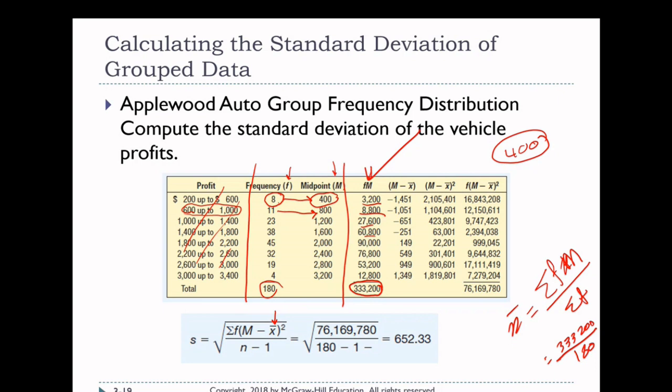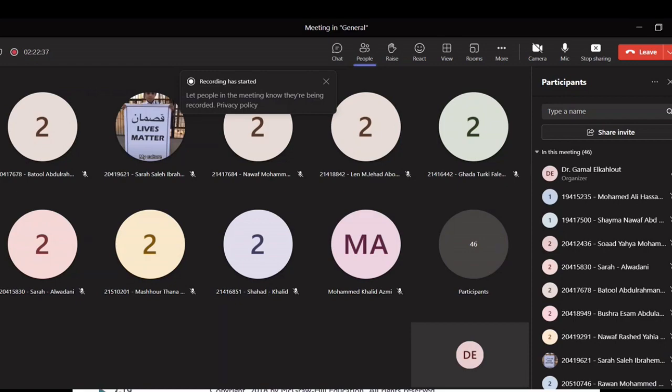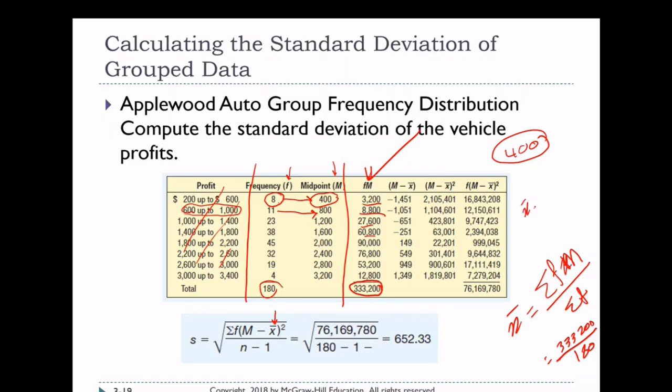To find x bar, if I divide 333,200 by 180, it comes to 1851.1 exactly.